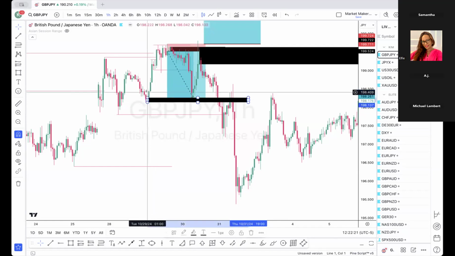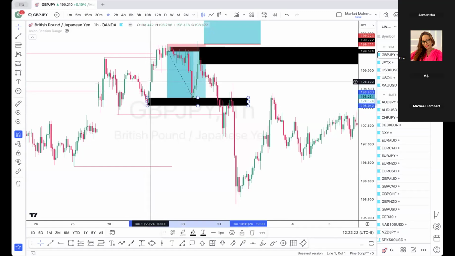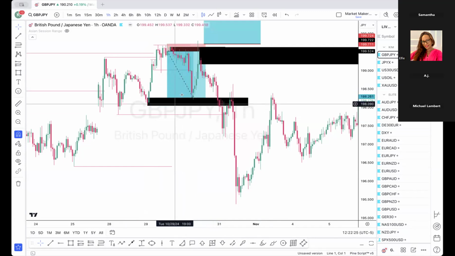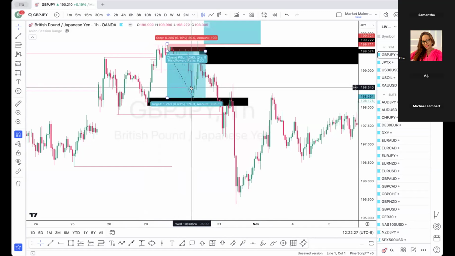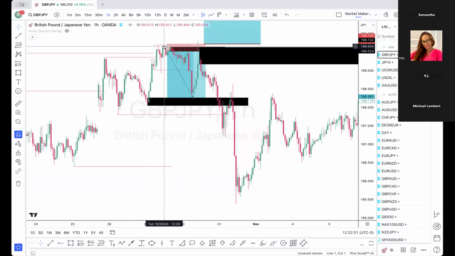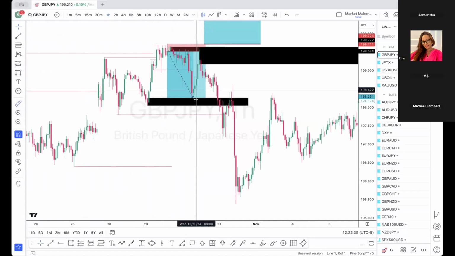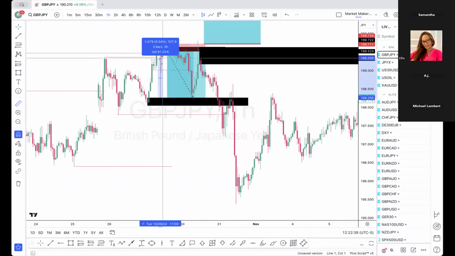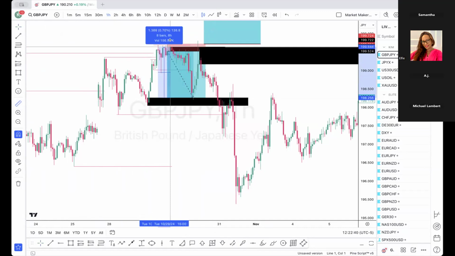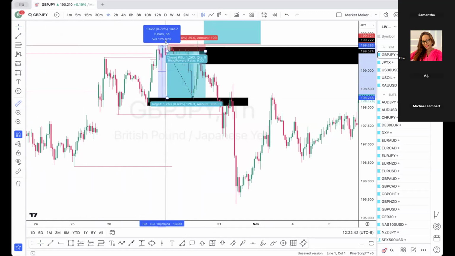So this was the last down candle before the up move. Price tapped into that, and the target definitely would have been this high, right?